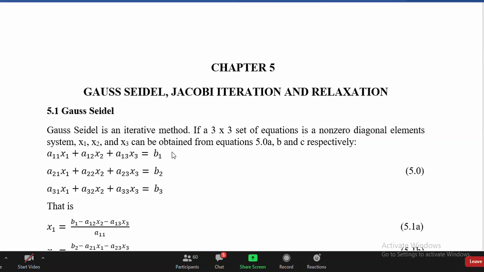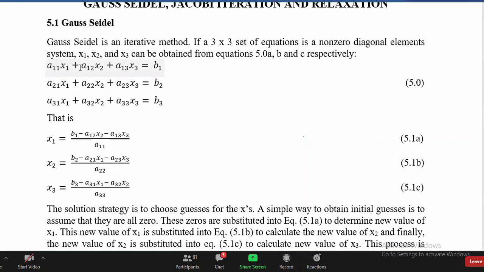So I have this system of equations which we are used to now. A11, X1, down to A31 and B3. We have that equation. We are used to it. So Gauss-Seidel has this structure.